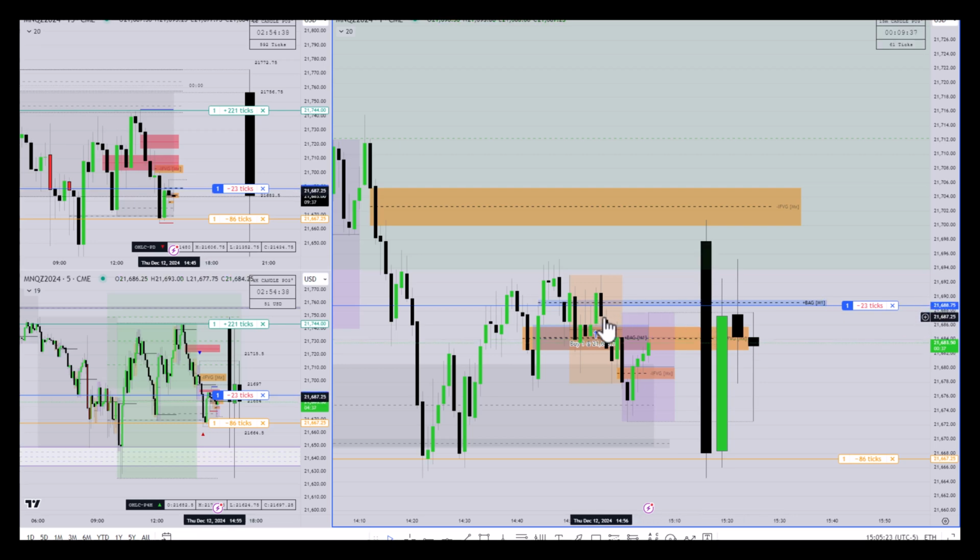Came up and touched this volume imbalance right here. We have a tiny breakaway gap. Or no, we don't. Nope, there's a wick there. 15 seconds.